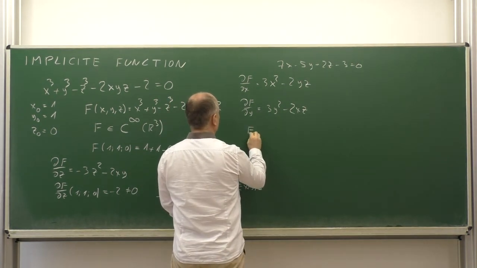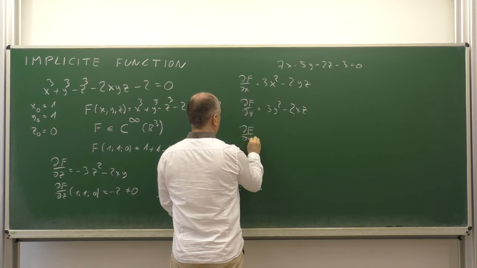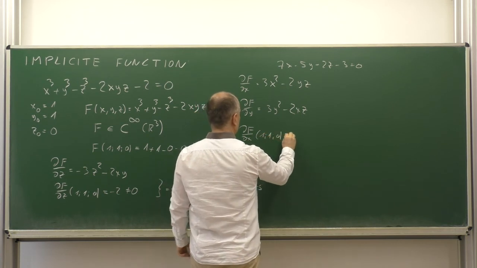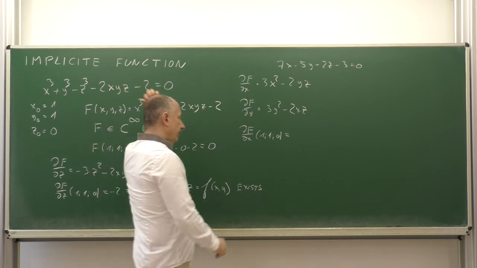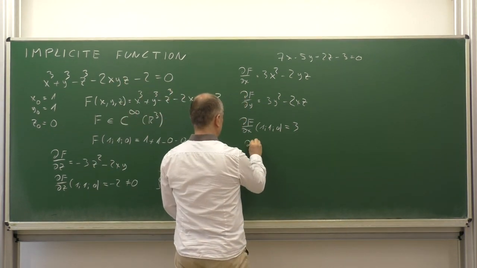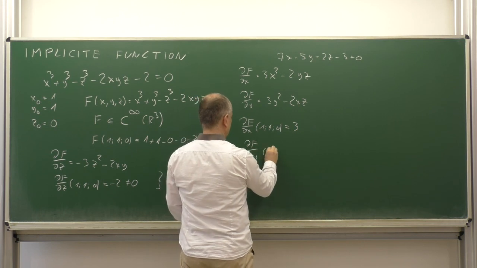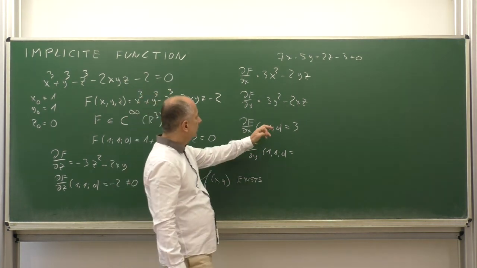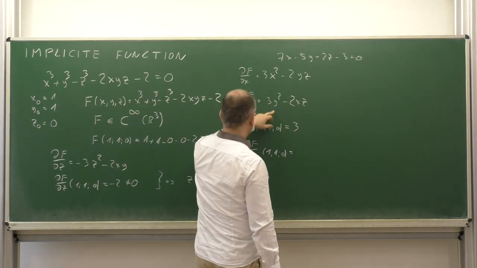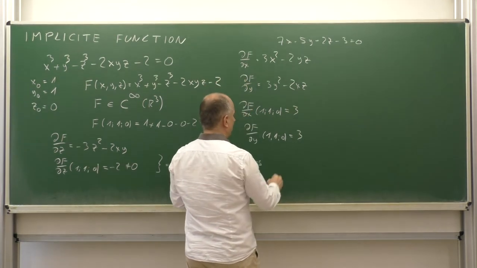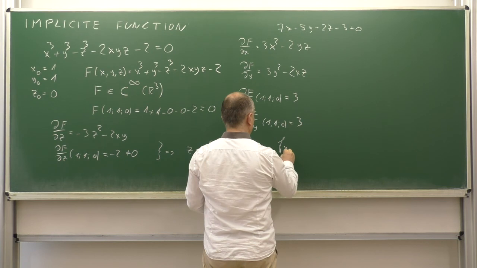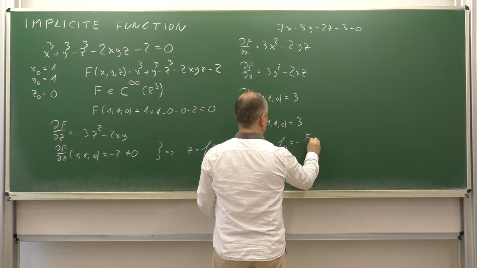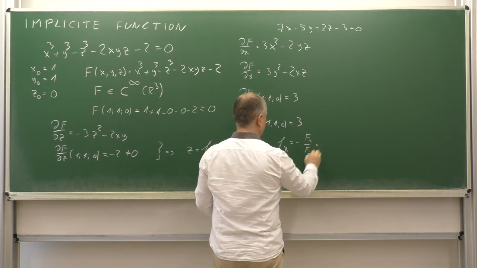And when we evaluate these derivatives at the point (1, 1, 0), we have 3, and again 3. So we can find the partial derivative of f with respect to x as minus capital F with respect to x divided by capital F with respect to z.